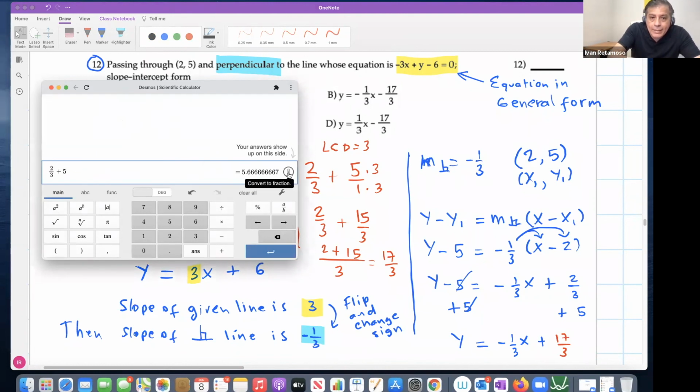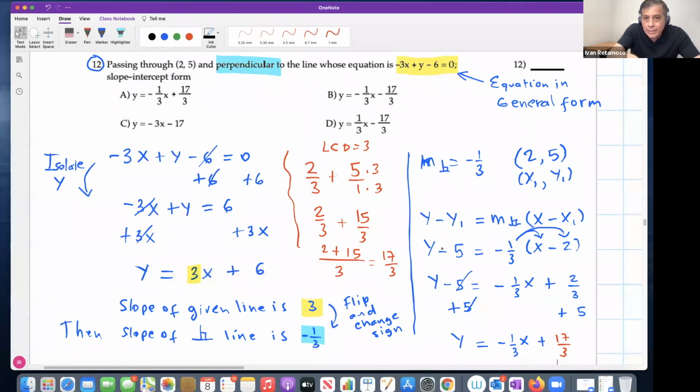But if you click in here, you convert this to a fraction, 17 over 3, right? So one way or the other, guys, don't get stuck. If this doesn't work, use your calculator. This is good. And this is telling us that the answer for this 12 should be just the first one, this one. Excellent.